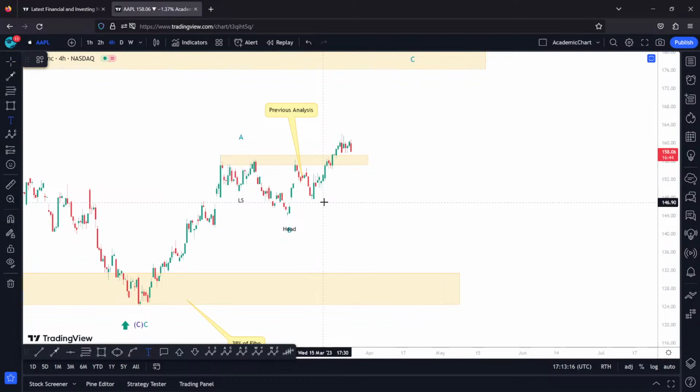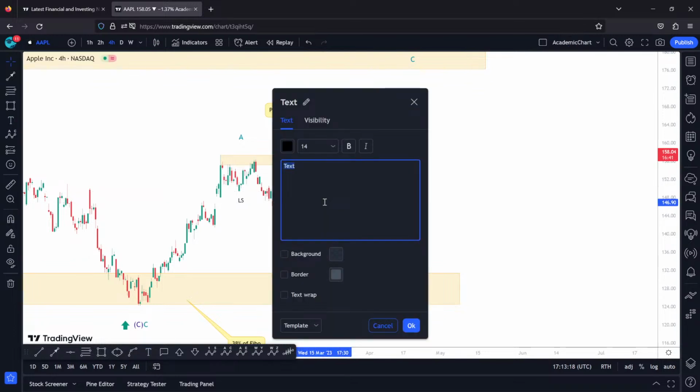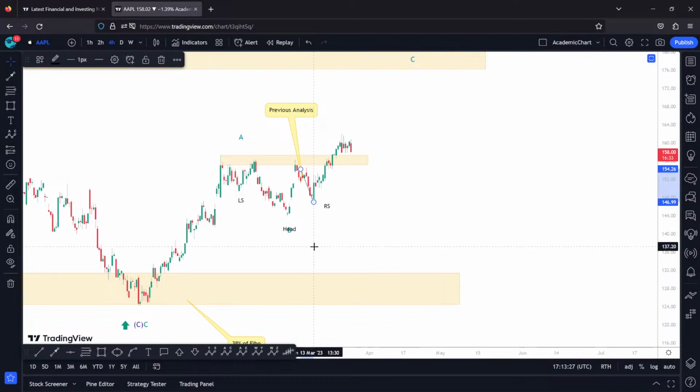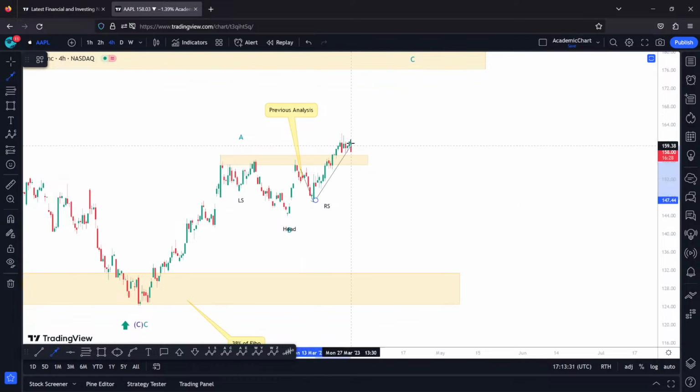And this was our possible right shoulder, but now it is our right shoulder. We were expecting a little bit of momentum down, as exactly happened, and then going back to the top to break this resistance level, this hourly level, not here, of course, it should be here.